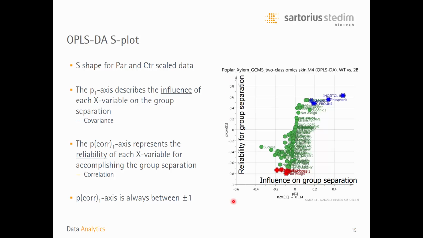Without digging too much into the details, we can say that in very many cases, the loading points being part of this S-plot will, as I said, define an S shape, thereby the name. And when we have that sort of situation, we can distinguish the group discriminating variables from variables that have no discriminatory power whatsoever.